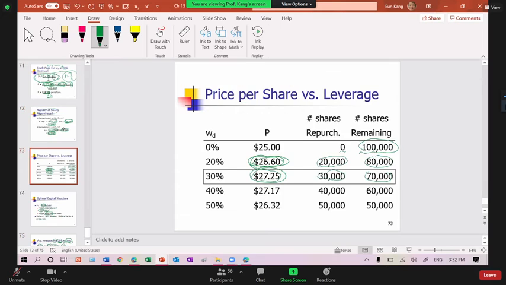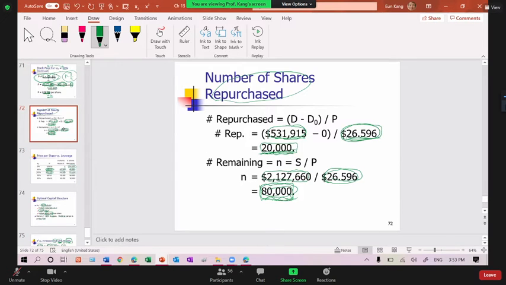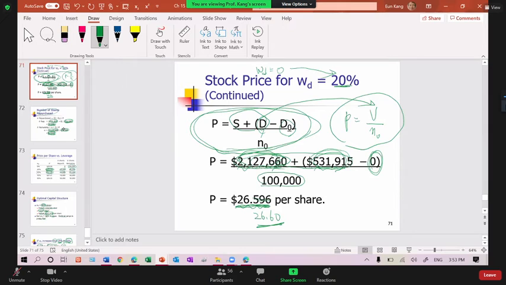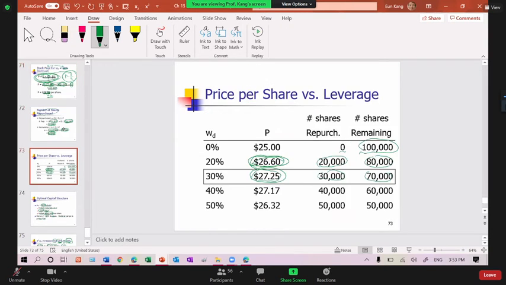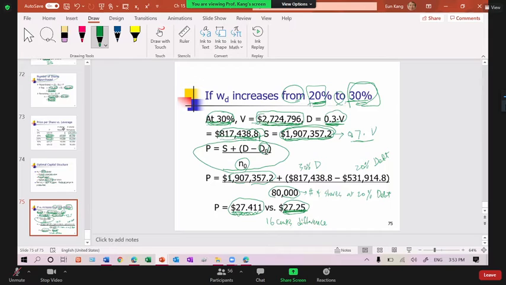As I said, now you understand that you don't have to use this formula when you recapitalize from 0 to some level, right? All you have to do is total value divided by N, right? But you need this formula when you recapitalize from non-zero, so any percentage, to a higher one. Then you have to use this one. Okay. So it's not that difficult.